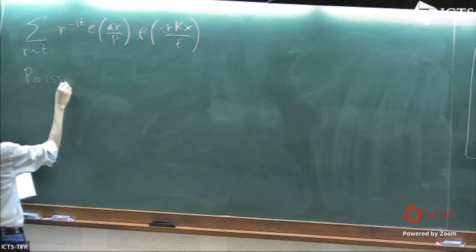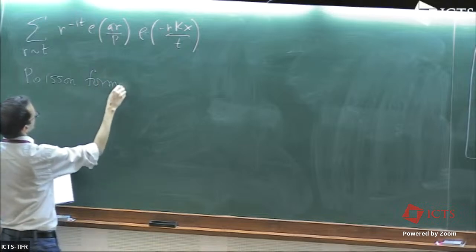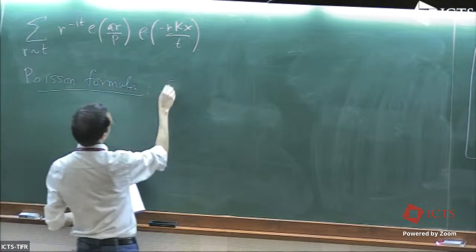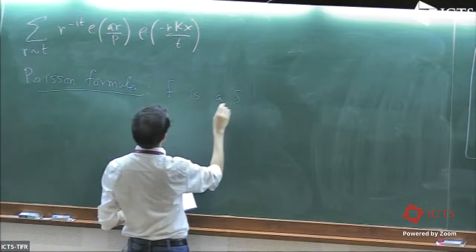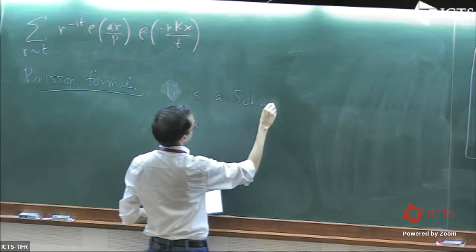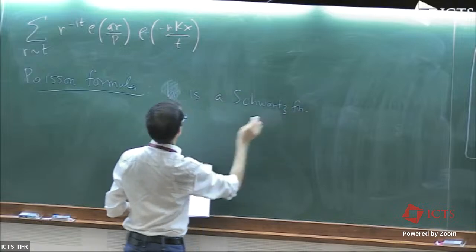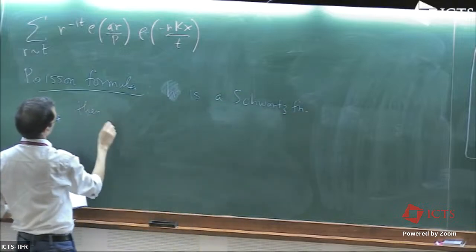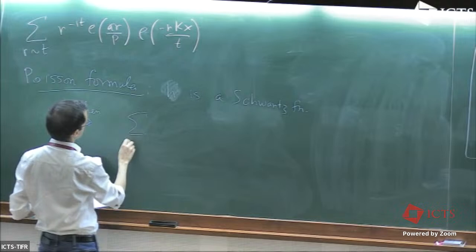All right, so what's the Poisson formula? Recall. Let's say that f is a Schwartz function. I already used f, so let's say h is a Schwartz function. Then you can, of course, take its Fourier transform.